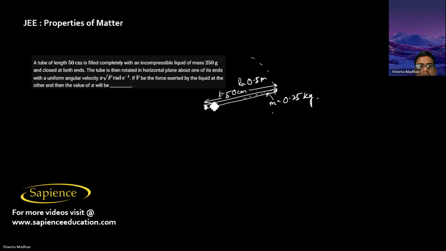So it is now rotated about this end with a uniform angular velocity omega, with angular velocity x root f radian per second.